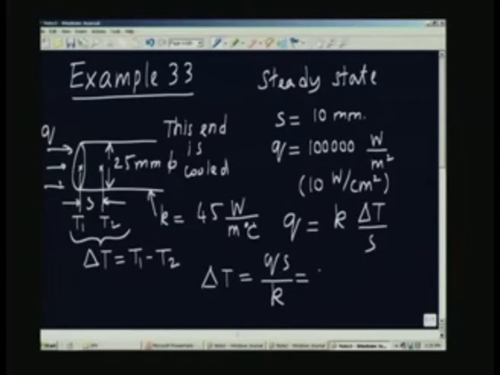So, Q S by K: Q is 10 to the power of 5, multiplied by 10 millimeter, which is 0.01 meter, divided by 45, and this gives you a temperature of 22.2 degrees.